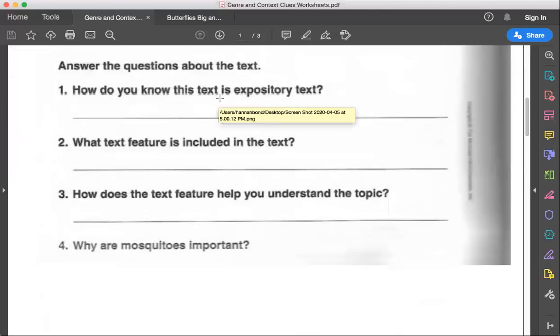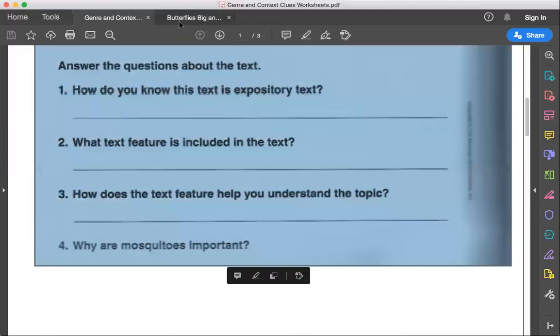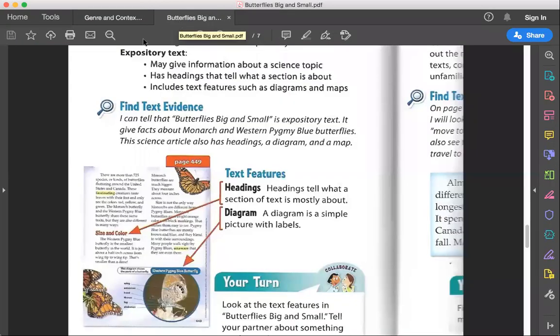How do you know this is expository text? First question. Okay. All right, so remember, expository text may give information about a science topic, has headings that tell what a section is about, includes text features such as diagrams and maps.